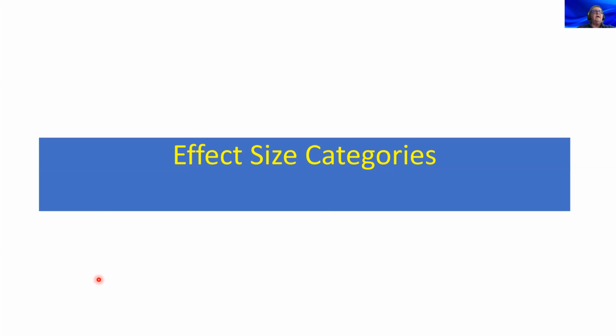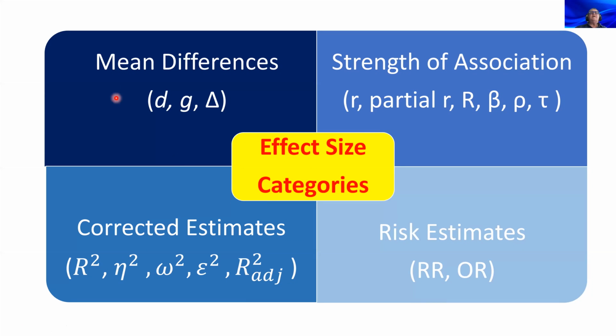Let's take a look at some effect size categories. We're going to see that we have mean differences, so D or G and delta. We have strength of association, some examples: correlation coefficient, partial correlation coefficient, multiple regression correlation coefficient, regression coefficient, beta, rho, and then tau.